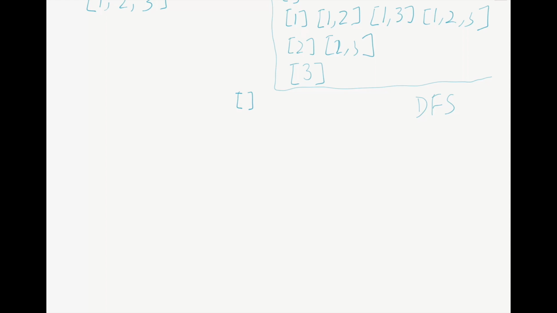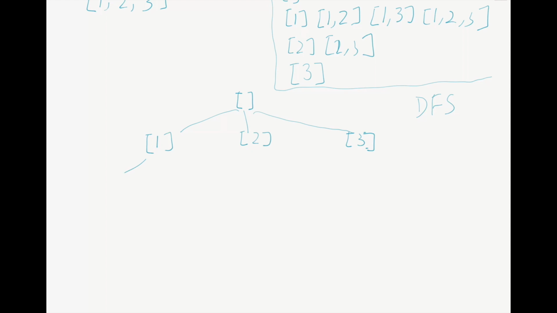So the empty set will be the root of the tree. Starting from there, we can have sets that only have one element: 1, 2, 3. So this looks like a tree.